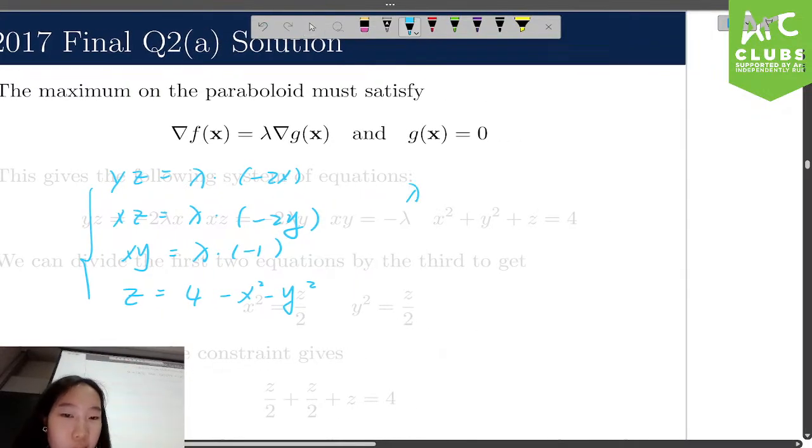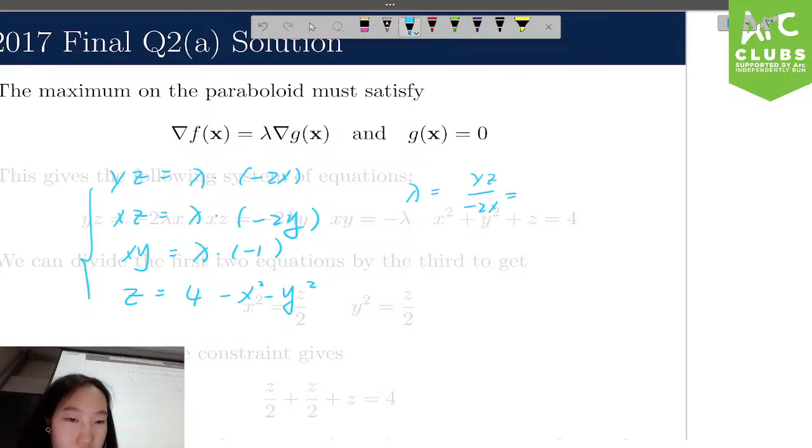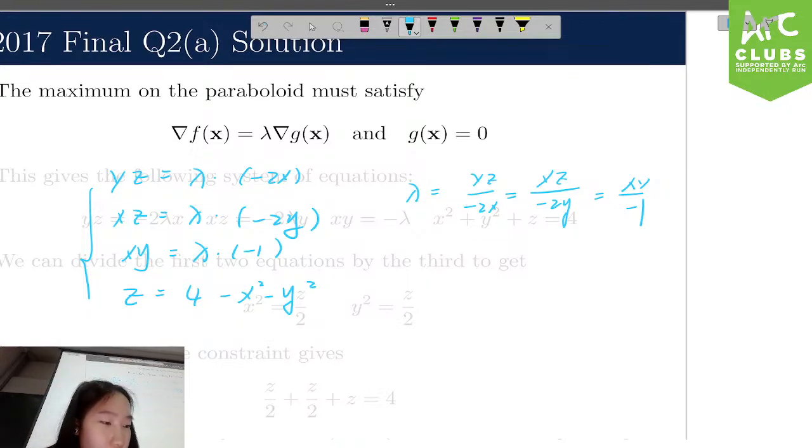And if we represent the lambda in terms of yz over 2x, that's just a bit of calculation over here, and xy over -1. Finally, we can represent x squared in terms of z, which is x squared equals z over 2, and y squared equals z over 2.